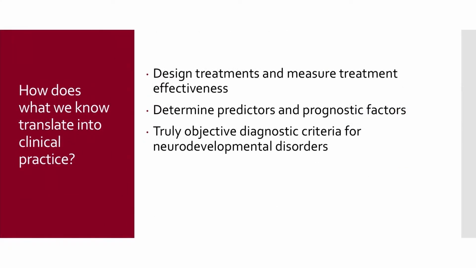Does it mean that we will actually be able to have some physiological genetic markers that help us design treatment? Would it make us better and more efficient in how we measure the effectiveness of our treatment? Could we determine predictors and prognostic factors? Many of us may be familiar with the concept of early intervention, providing services when children are 2 and 3 years of age.